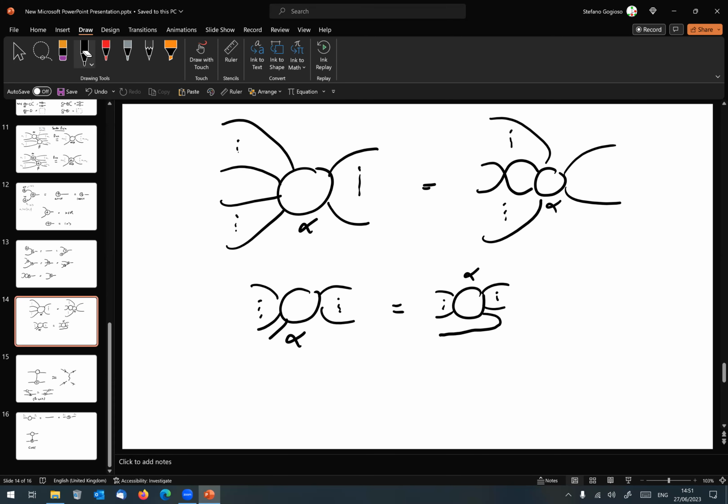And vice versa, if I have an extra leg in output, it's the same as taking a leg in input and twisting it out. But these are not rules that I have to impose. These are all rules that I can prove.